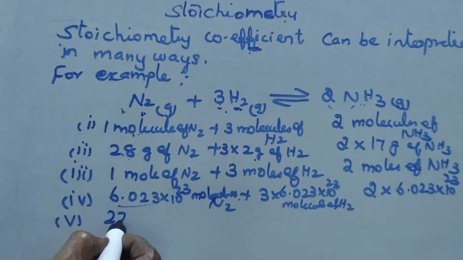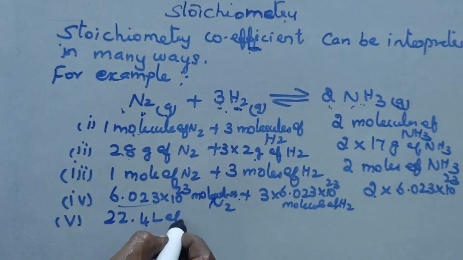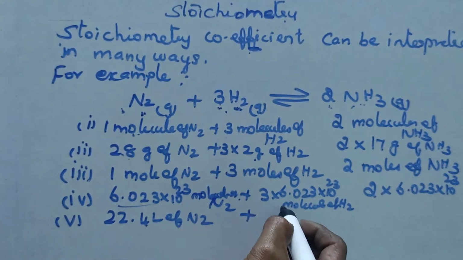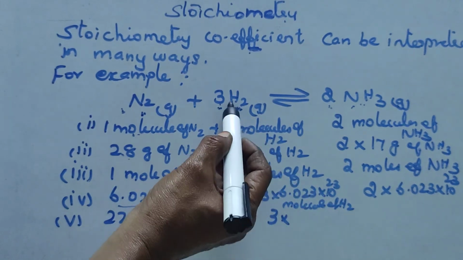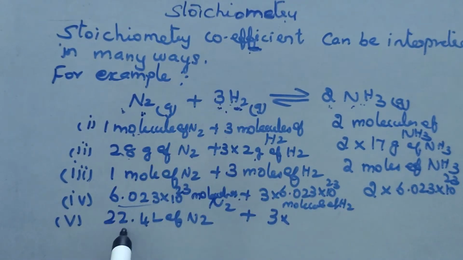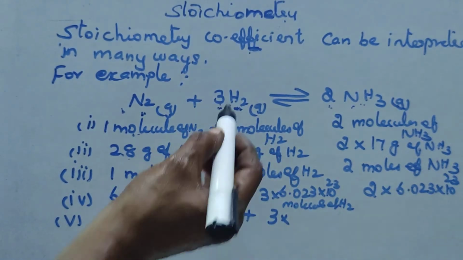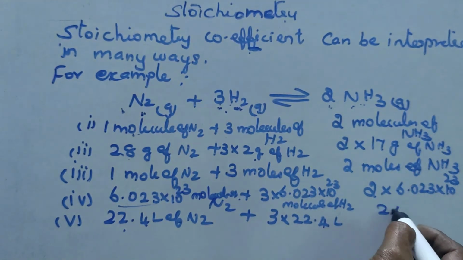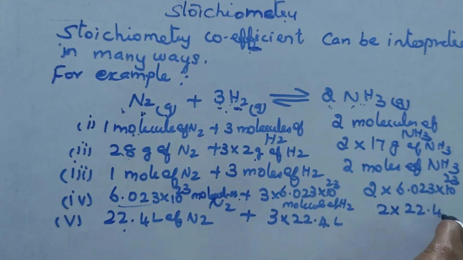So here 22.4 liter of nitrogen combined with 3 into, here 3 moles. 1 mole will occupy 22.4 liter means 3 moles will occupy 3 into 22.4 liter of hydrogen produces 2 into 22.4 liter of ammonia.